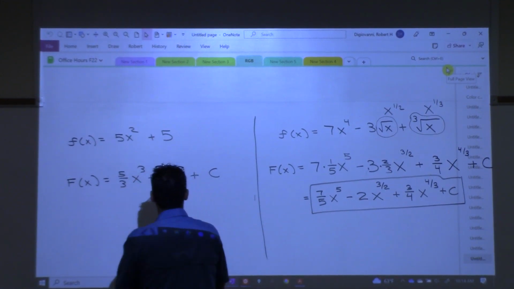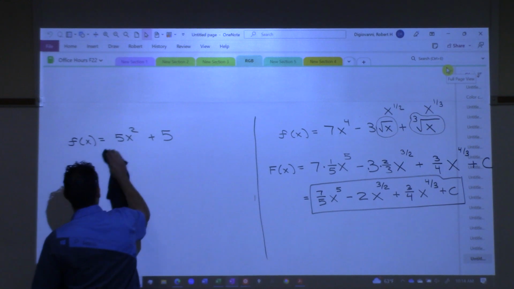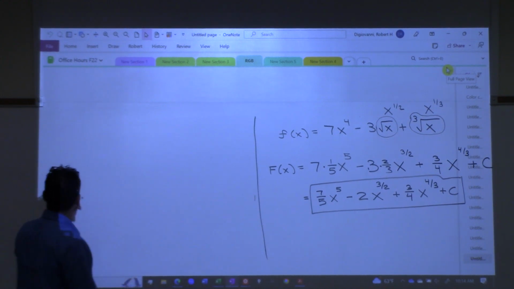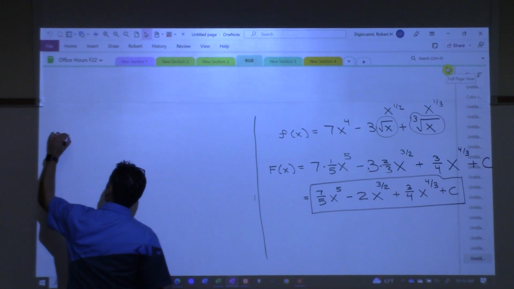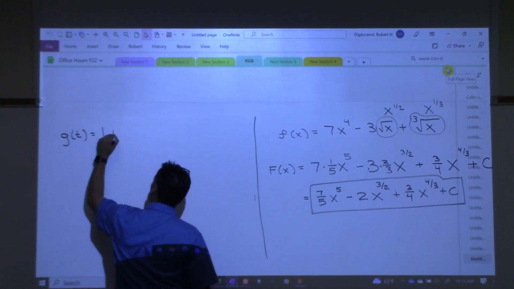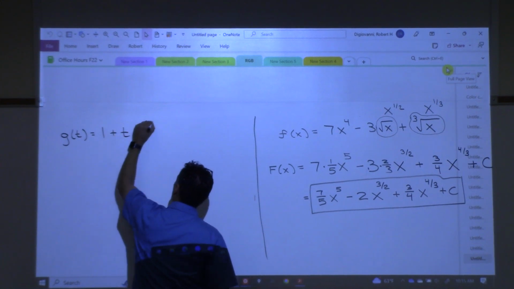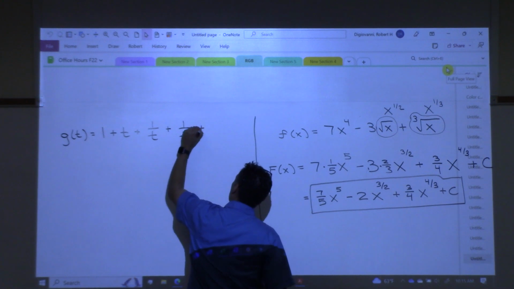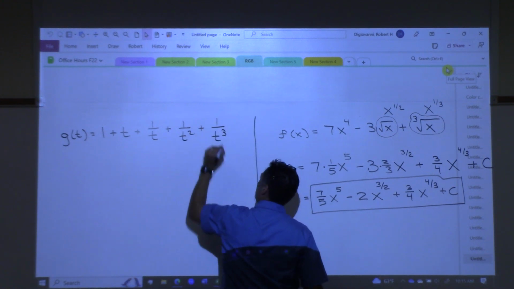How about this one? Let's use a different variable just to make things look worse. Okay, how about g of t, little g of t, equals 1 plus t plus 1/t plus 1/t squared plus 1/t cubed.